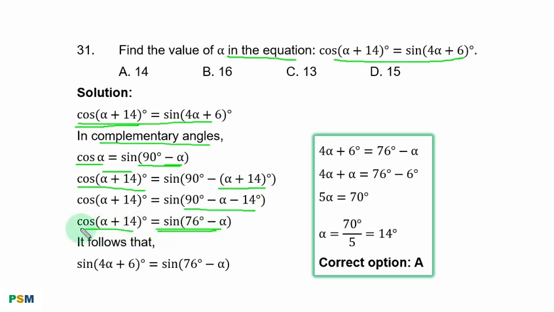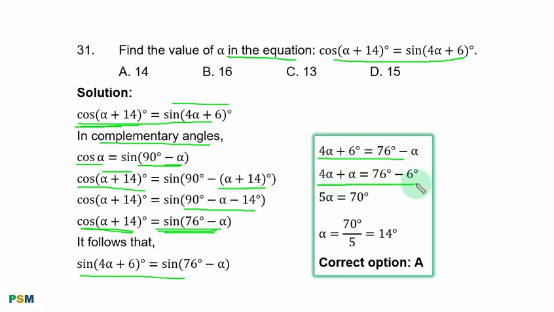Now, if you compare this with this, both sides are equal. By implication, the two other sides are also equal. You equate them together. Sine function cancels out. You are left with the angles, and you have a simple linear equation.